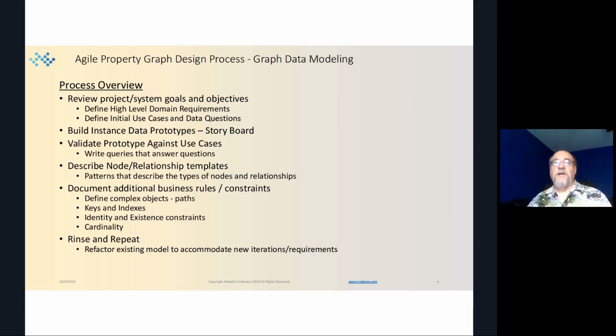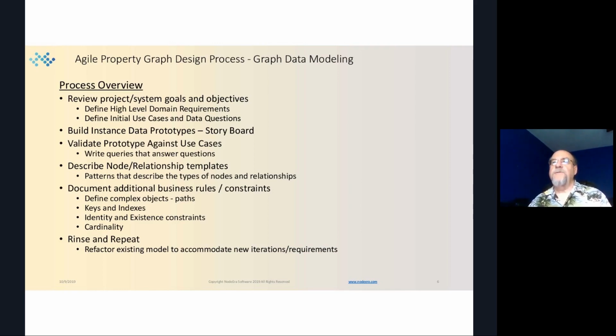So we don't have to predefine what a node looks like in order to create one in the database. That's actually one of the great advantages. It's also a great risk. But we need to describe these patterns. These are the patterns of what we believe an acceptable node and relationship would look like in the database.